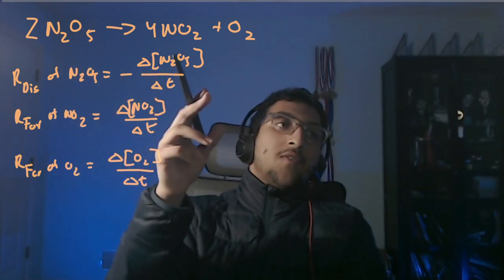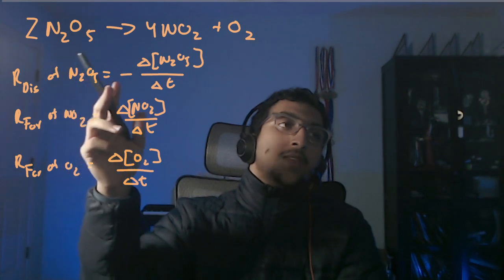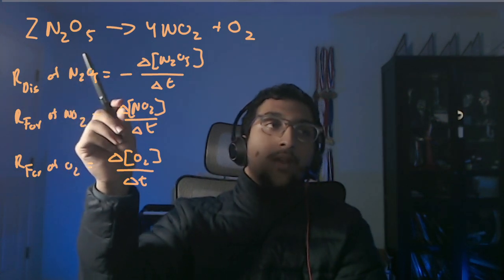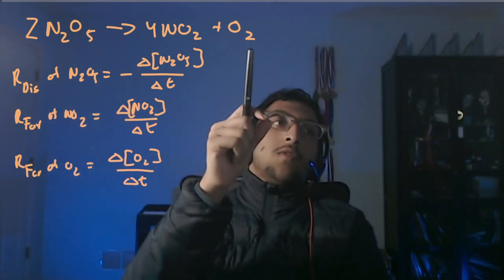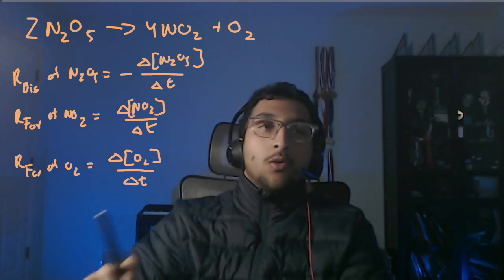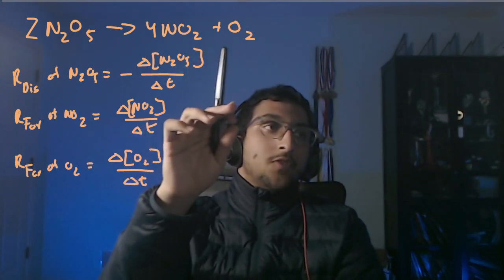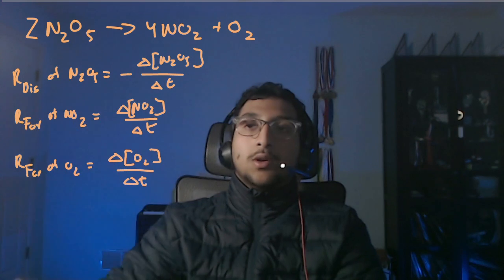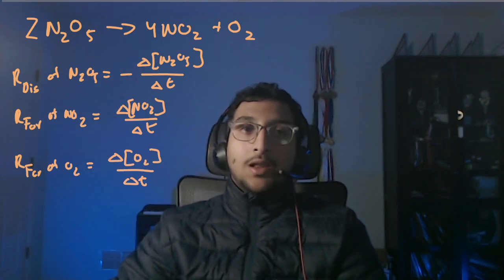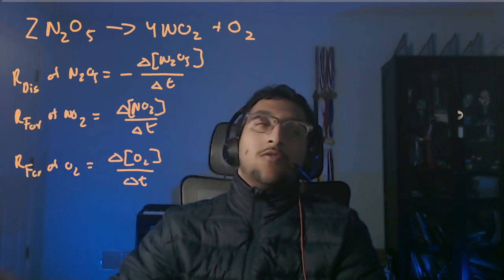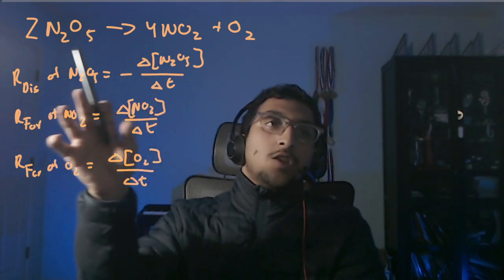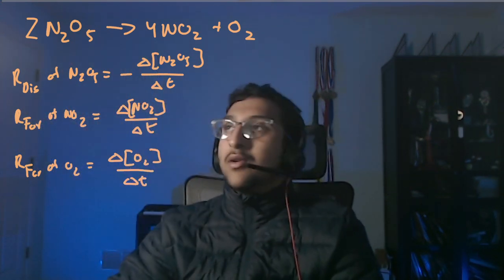Finally, the rate of disappearance of N2O5 is twice as fast as the formation of O2, because the coefficient here is 1 and this is 2. Later you're going to find a general formula where you can relate each rate to each other, but for now this is basically the basics of it.